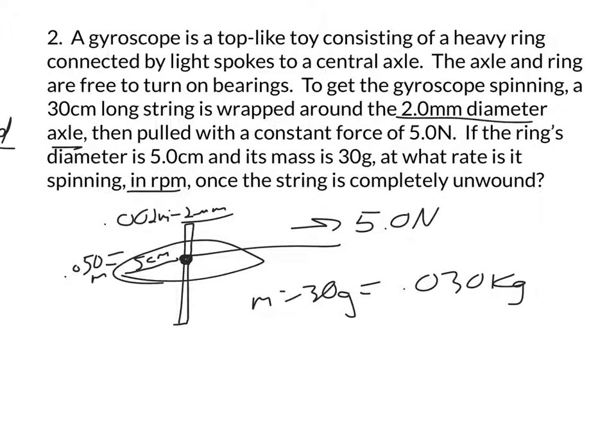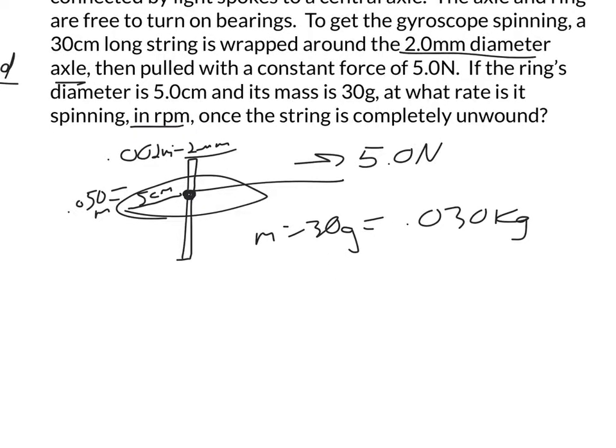Alright, what can we do with this gyroscope? It looks like a torque problem here. So if I tilt this on the side, if I look at it from the top, for instance, I have that little diameter there, and I have the big diameter of the ring up here, and the string where the force is being applied here.